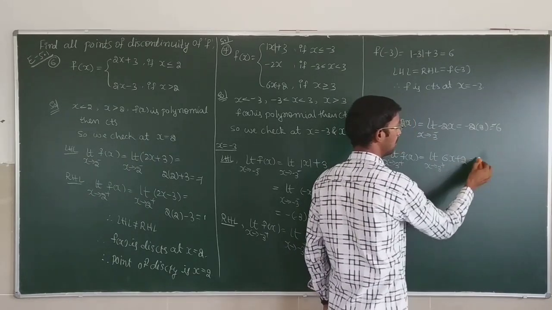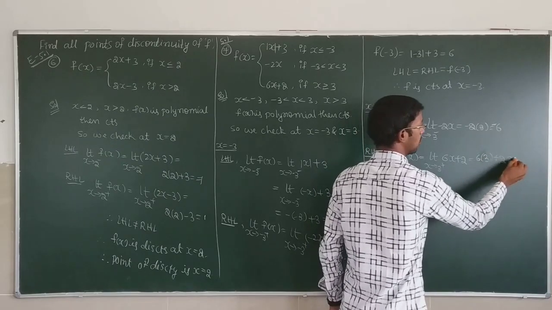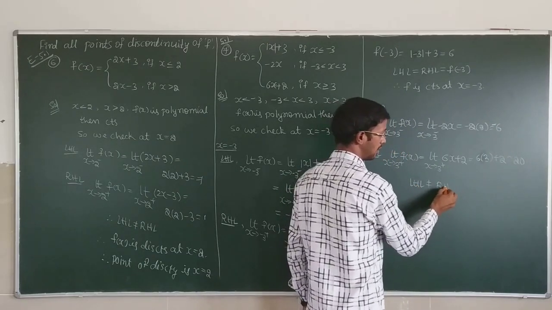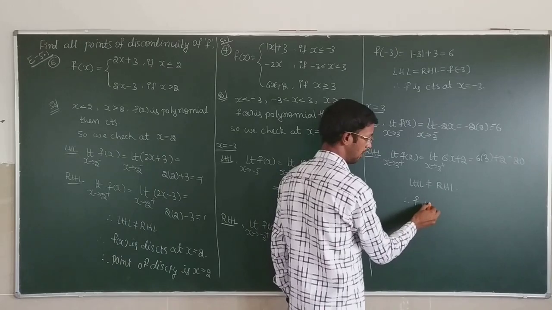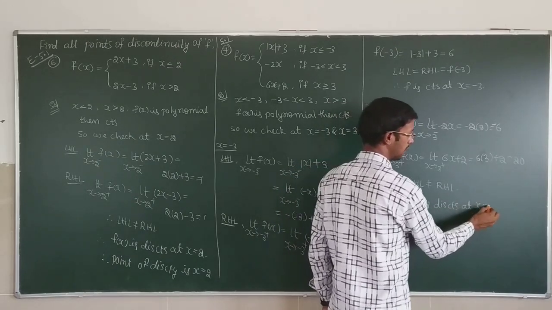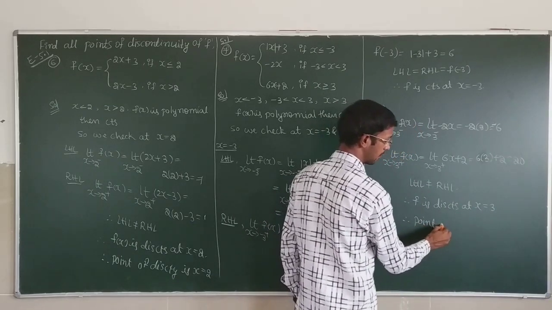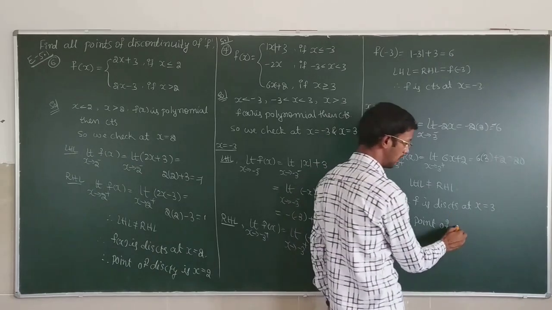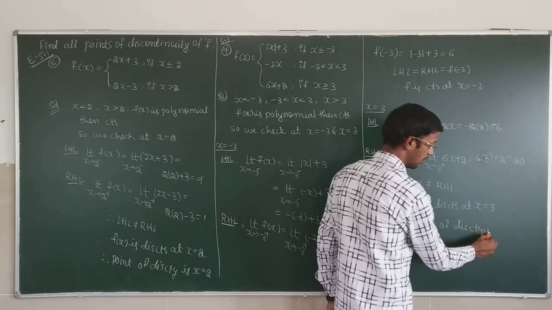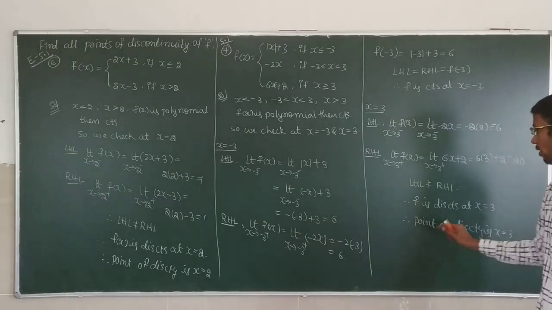Substituting, 6 into 3 plus 2, 18 plus 2 is 20. LHL is not equal to RHL. Therefore, f is discontinuous at x equal to 3. Therefore, the point of discontinuity is x equal to 3. Only one point of discontinuity.